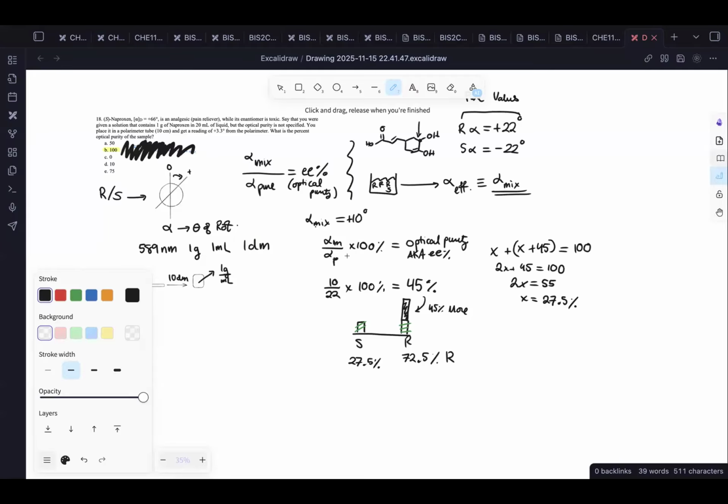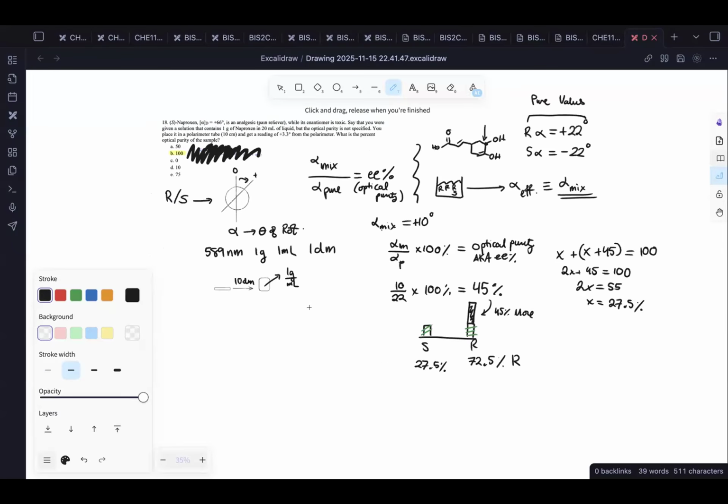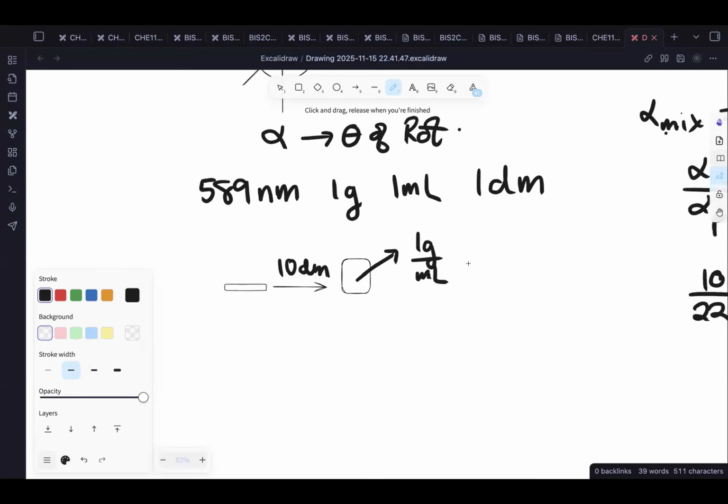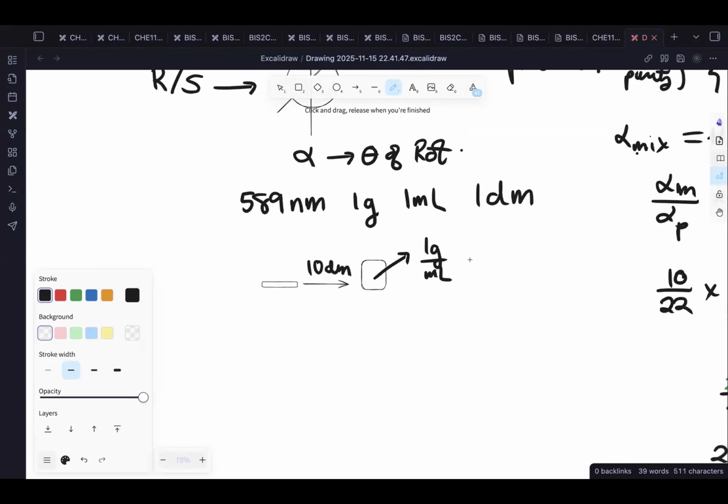There's another thing that we have to know about, especially when it comes to problems like these in optical activity. Earlier, I defined the standard condition to be 1 gram, 1 milliliter, and 1 decimeter. These values are important for a specific reason. Let me see if I can pull up a nice LaTeX version.